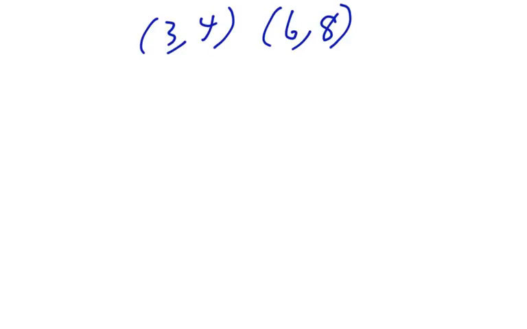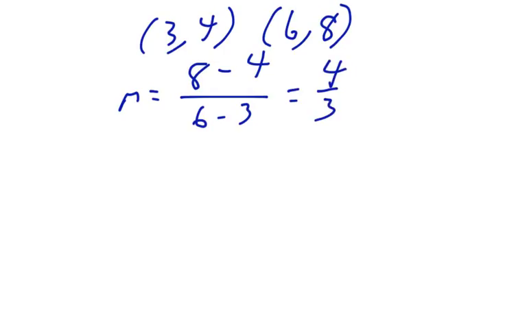Okay, and finally we want to find the equation that goes through these 2 points. So first we find the slope. 8 minus 4 over 6 minus 3 gives me a slope of 4/3. So y equals 4/3 x plus b.